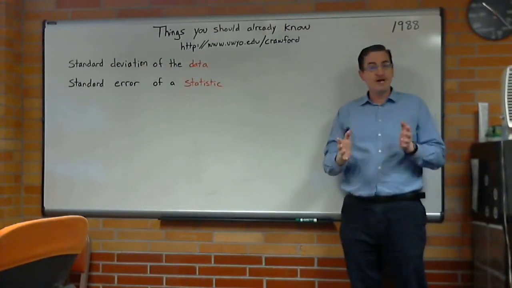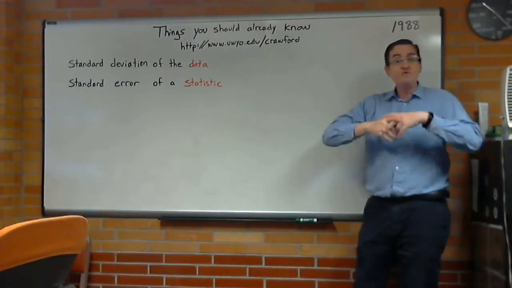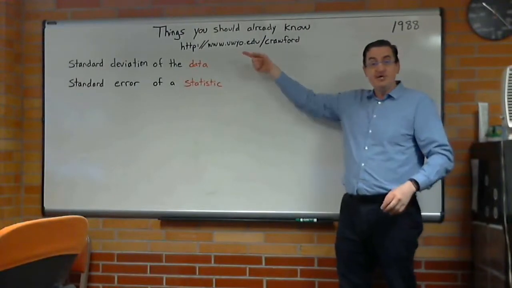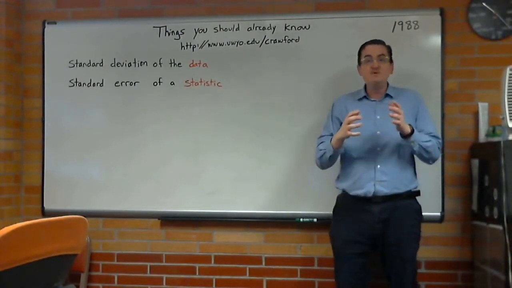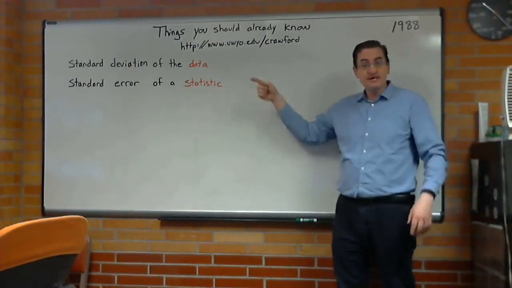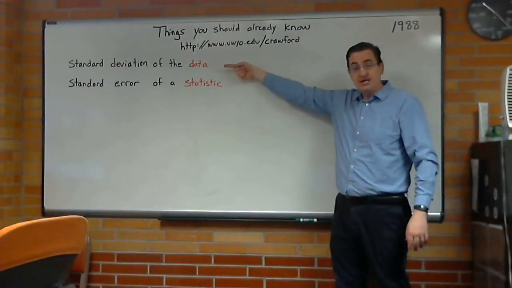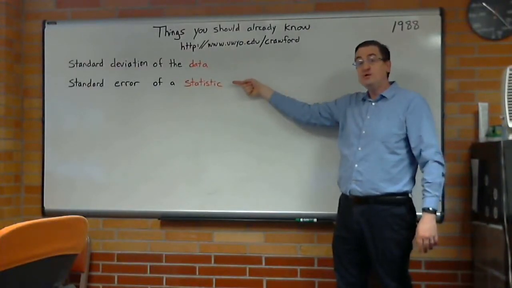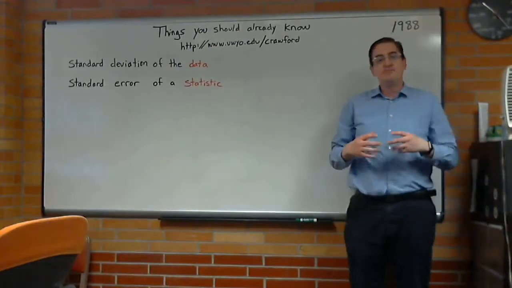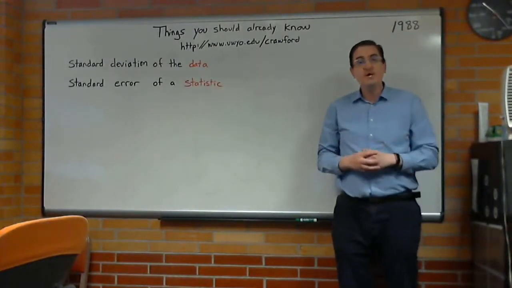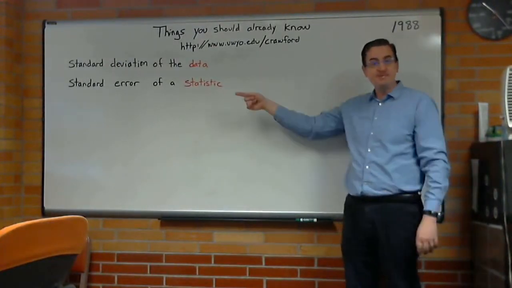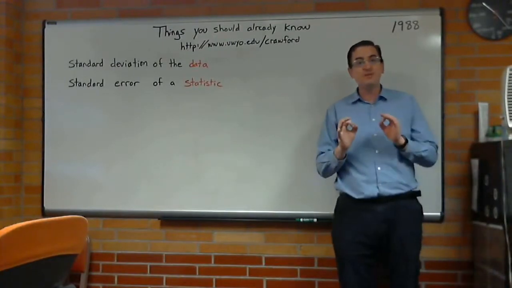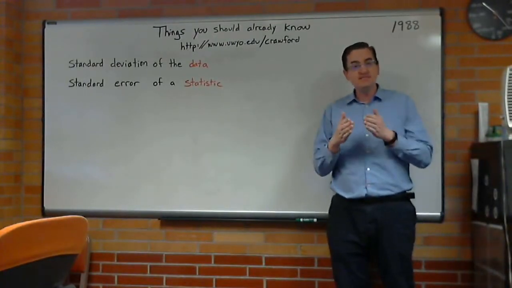Keeping those separate matters a lot. For example, if you have a little bit of data, you can estimate both of these. If you get more and more data, this won't change. It'll get more accurate. This one will drop to 0. Because as you have more data, you have more accuracy in being able to estimate exactly what those statistics should be to get them close to the parameter.